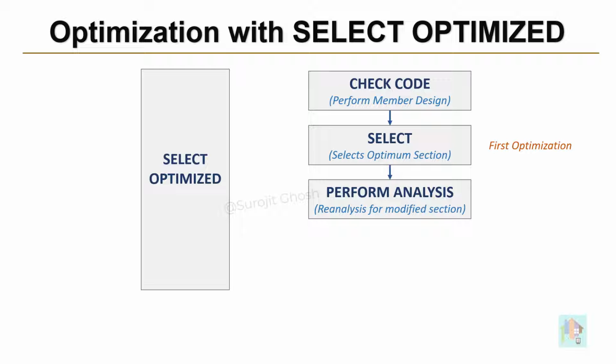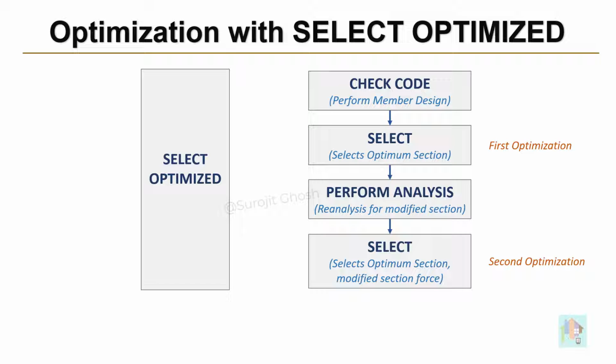It is within the select optimized routine. And not only that, after the analysis, based on the modified section force, program once again selects the optimum section using another select command. Basically, select optimized is a two-stage section selection routine with multiple select and one reanalysis command.